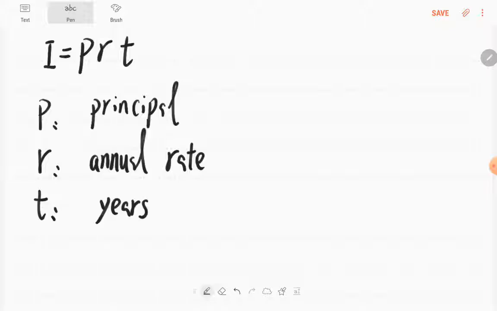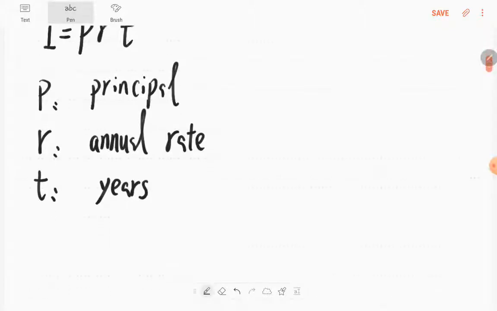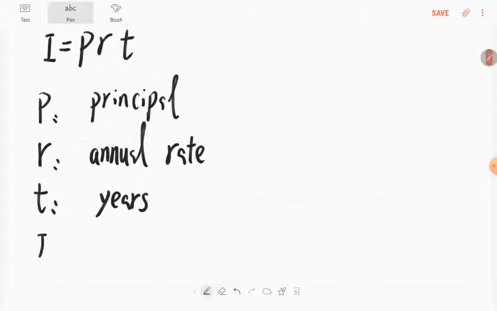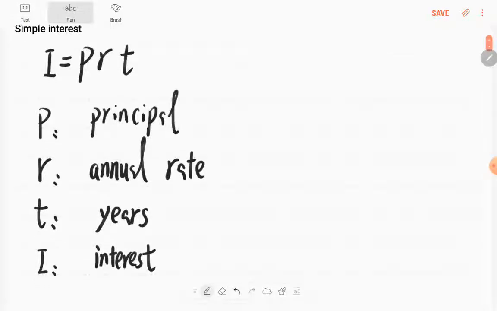That means how many years we need to invest this amount of money, or how many years we will deposit the money. This is T. And I is the interest you will earn. This is called the simple interest.